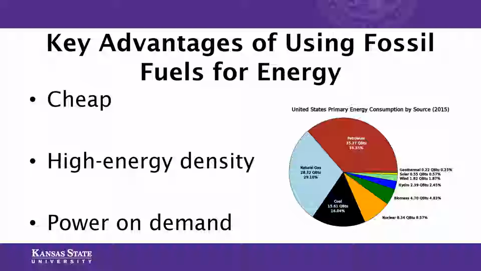It's inexpensive. It has a high energy density, so lots of stored energy. When we burn it, it releases a lot of energy per unit. And we can store the energy from fossil fuels so that we can have it on demand when we need it.